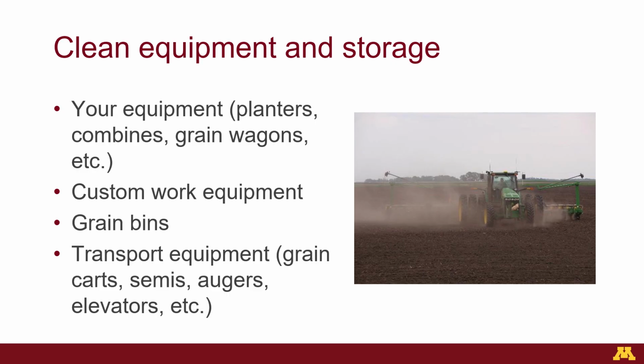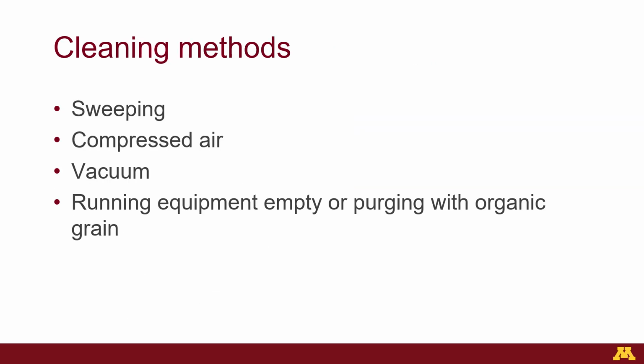Planters and all other equipment should be clean and empty before they are used for organic crops. This includes not just your own equipment, but anyone else's that does work in your field, as well as all equipment used to transport your crop from the field or to the elevator. Proper cleaning may involve sweeping out equipment, blowing out debris with compressed air, vacuuming, and running the equipment empty or purging it with a small batch of organic grain.